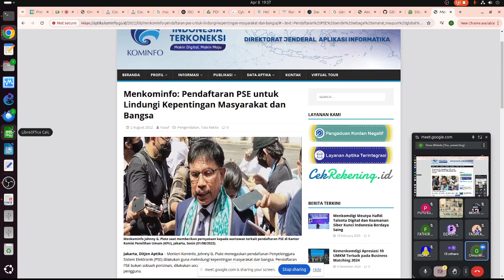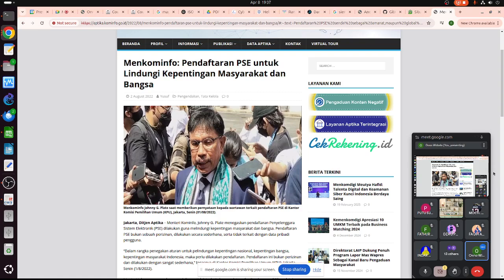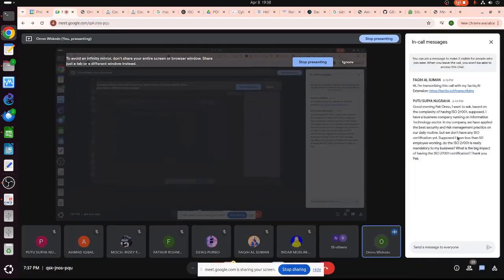But if you run the application for the public, then you need to register with ComDigi, and for the registration we need to submit the ISO 27000 certificate. Other than that, I think it's okay. If you use it for your own purposes, you don't need to register. So I hope I answered Pak Putu's question.